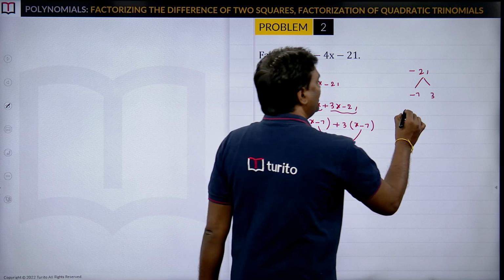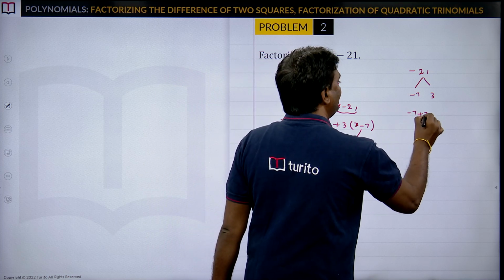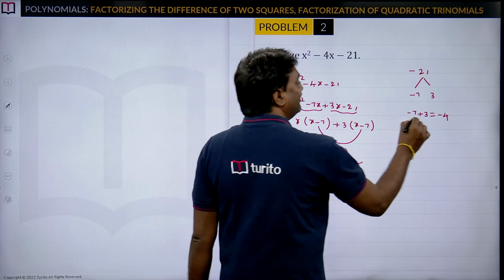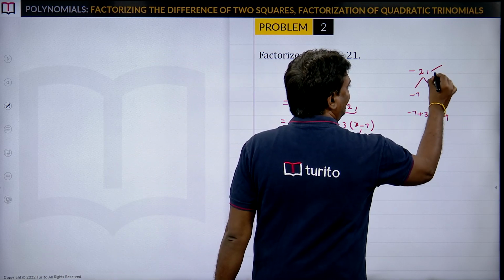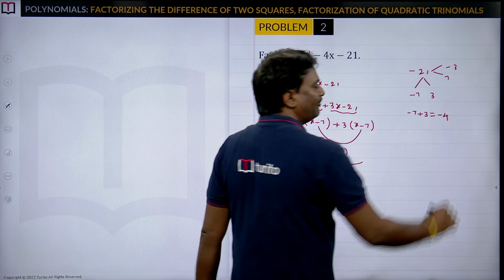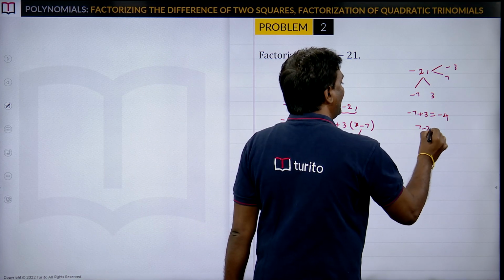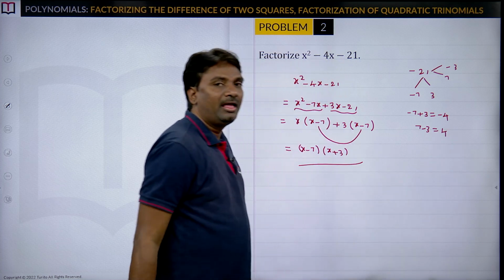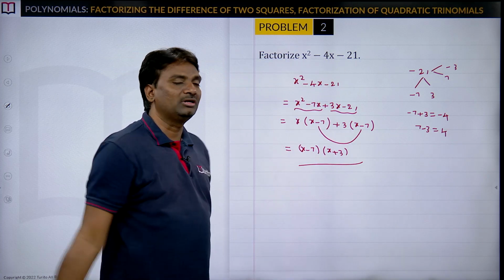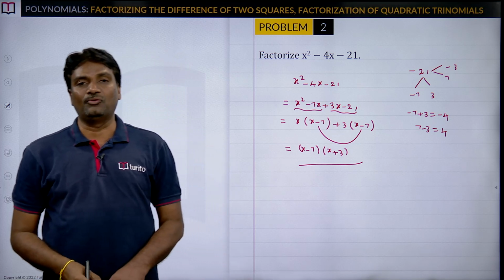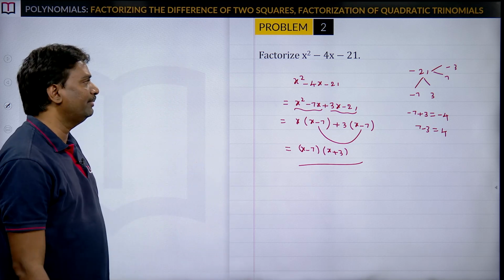If you take minus 7 and 3, minus 7 plus 3 equal to minus 4. But if you take 7 and minus 3, they are also factors, 7 into minus 3 is minus 21, but the sum, plus 7 minus 3, gives plus 4. But the middle term is minus 4. That is why we have to consider the factors as minus 7 and 3 only. Hope you understood, ma'am. Next problem.